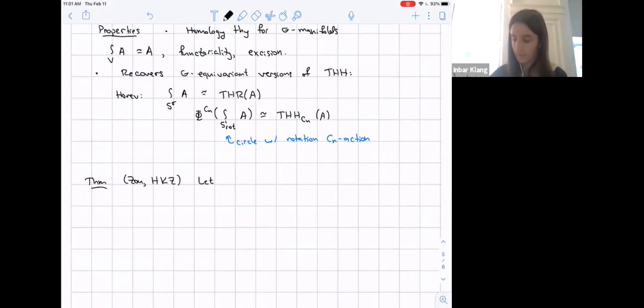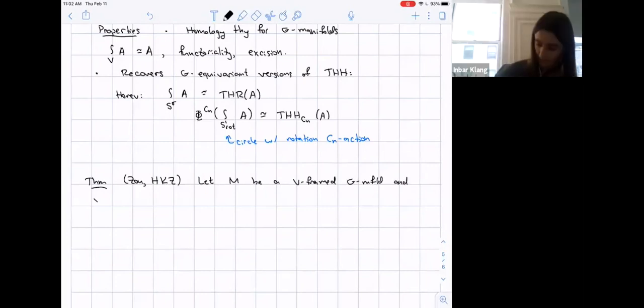So let M be a V-framed G-manifold and X a pointed G-space.